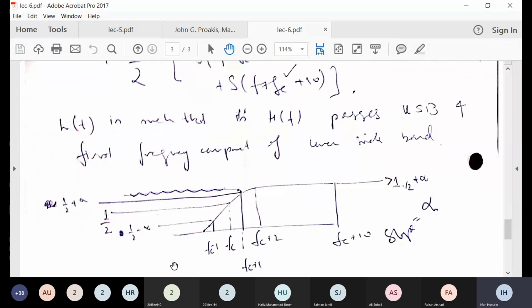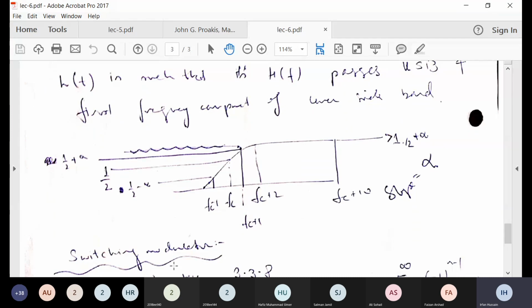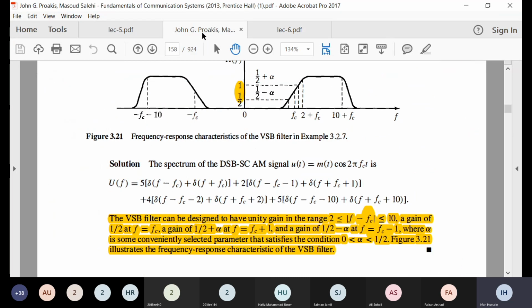So what should be my filter response? The book gives a hint here with some mistakes. So fc is the carrier. I need to pass the complete upper sideband, but I also pass the first frequency of the lower sideband, which is actually at fc minus 1.